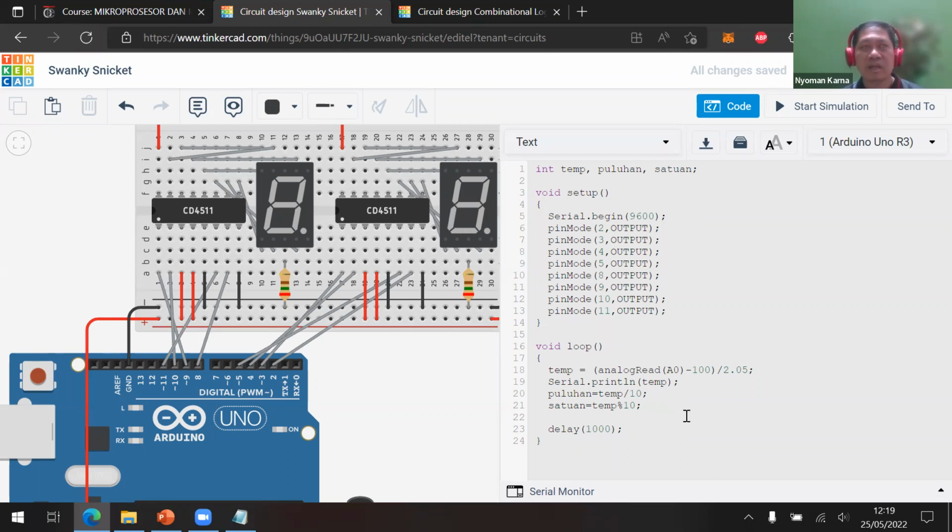How can we send that value to pin number 2 to 5 and also 8 to 11? To do this, we need to convert that value, because the value is in decimal, we need to convert it to become binary. Okay, now how can we do something like that?